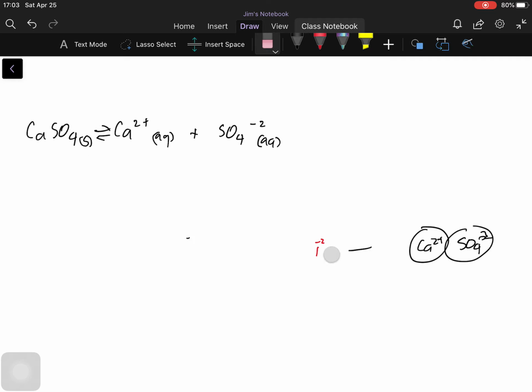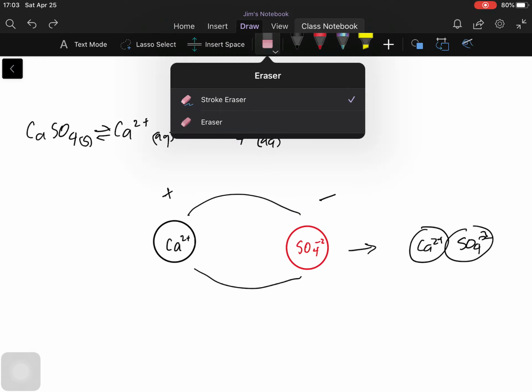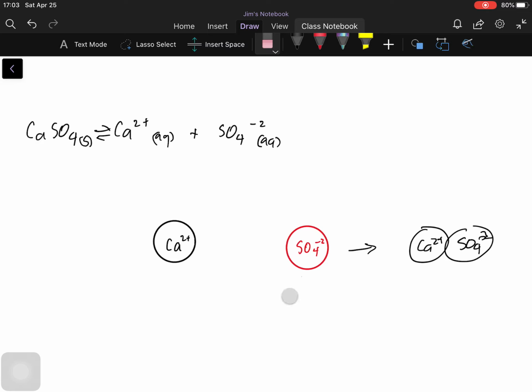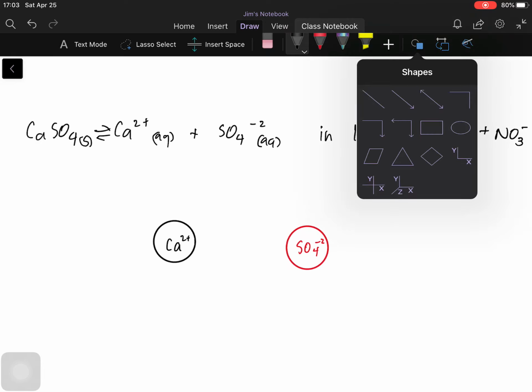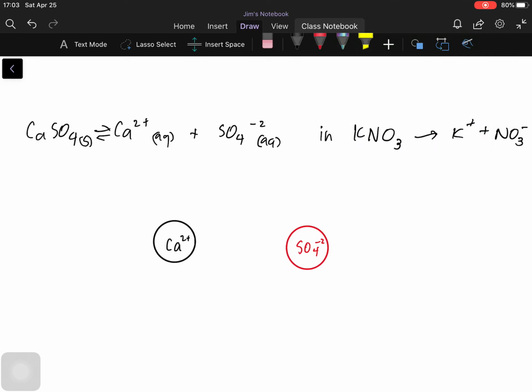However, if we added diverse ions, for example, potassium nitrate, potassium nitrate dissociates into potassium and nitrate ions. So what is the effect of those ions? They act as shields. Let's visualize that.